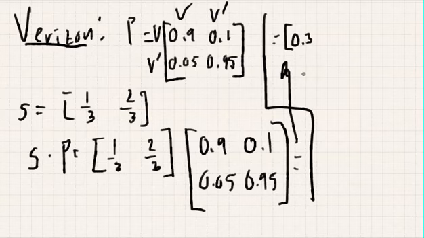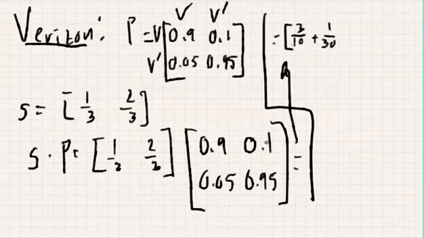In fact, let me write that as 3/10. 1/3 times 0.9 is 3/10, plus 2/3 times 0.05 is going to be 1 over 30, it turns out.